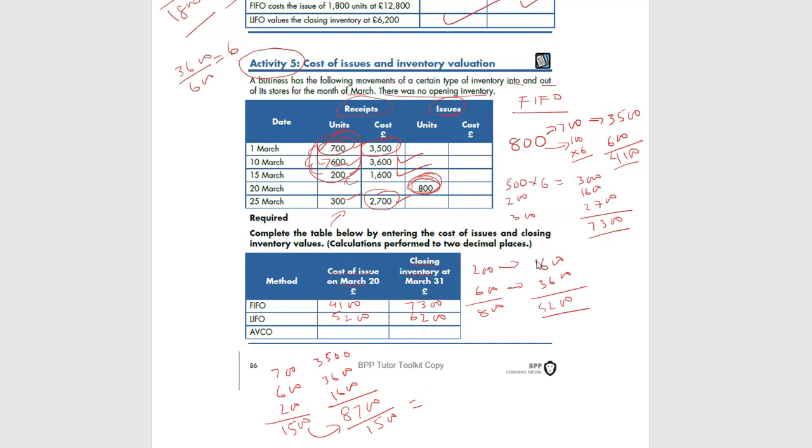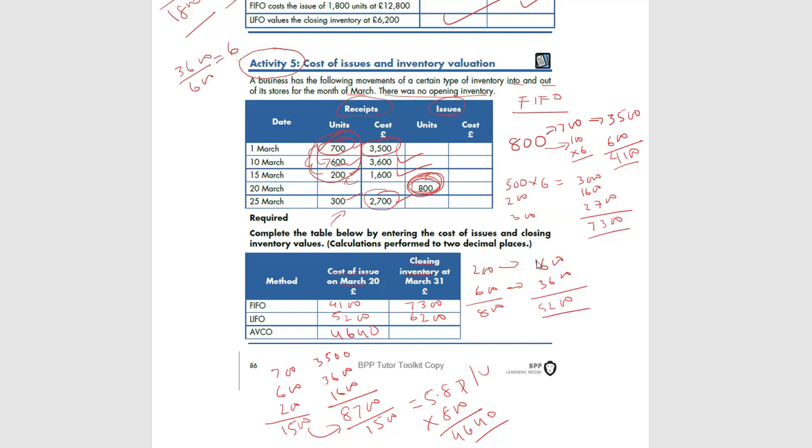So I'm going to issue the 800 at the price of 5.8, so times 800, and that gives me 4640. That's my issue cost. And the closing value will be: from the 1500 here I have used 800, so 700 left.